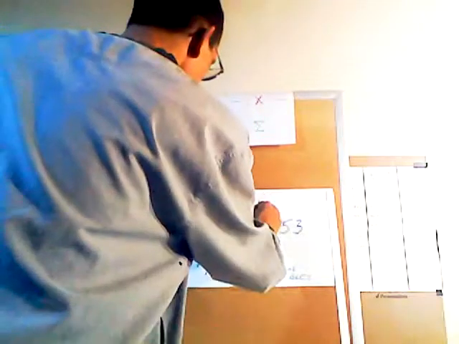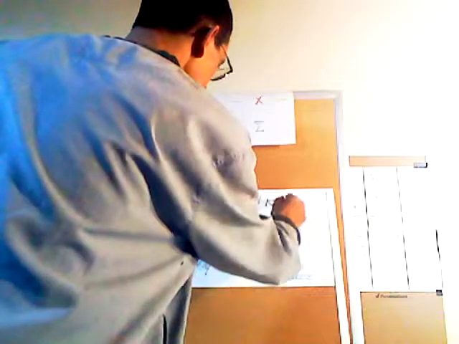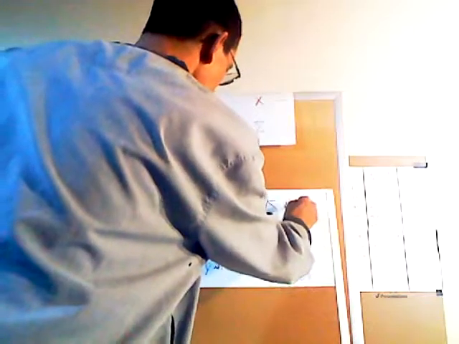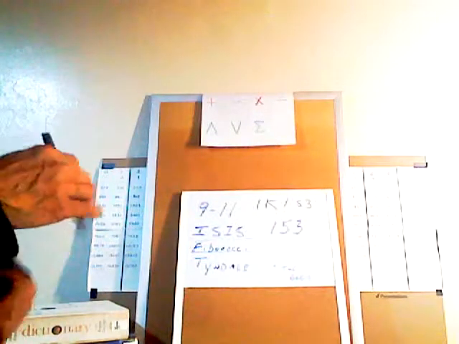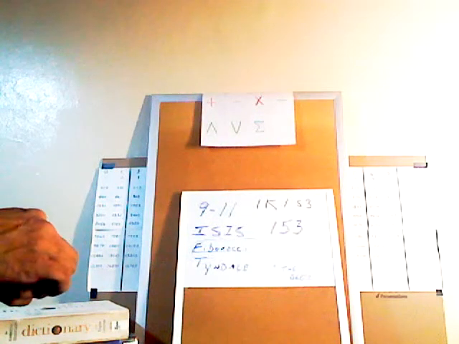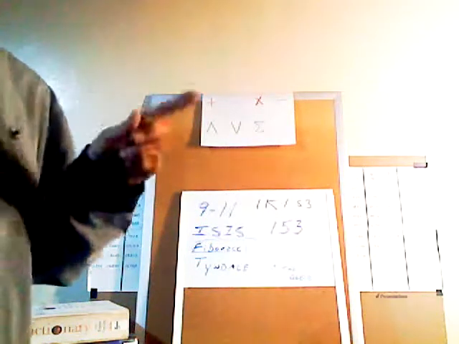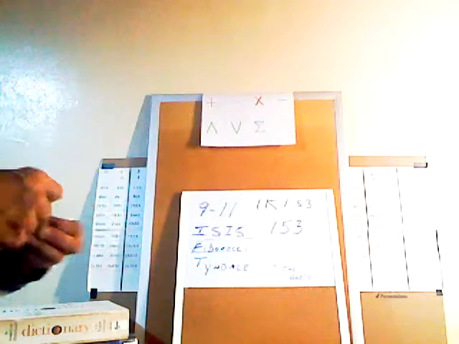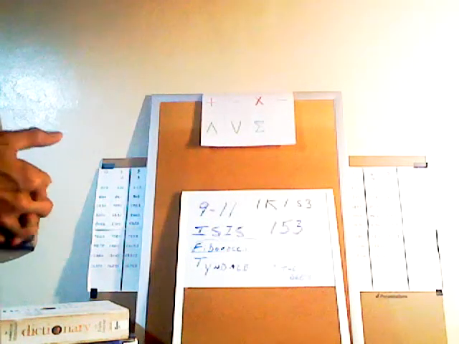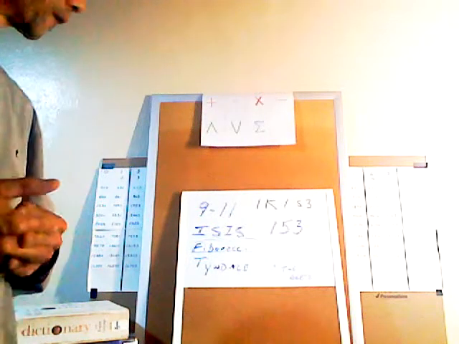Well, now, what a coincidence. 1 Kings has 53 verses. What could that possibly mean? So we'll look at that. I'm getting closer to understanding what all this means.